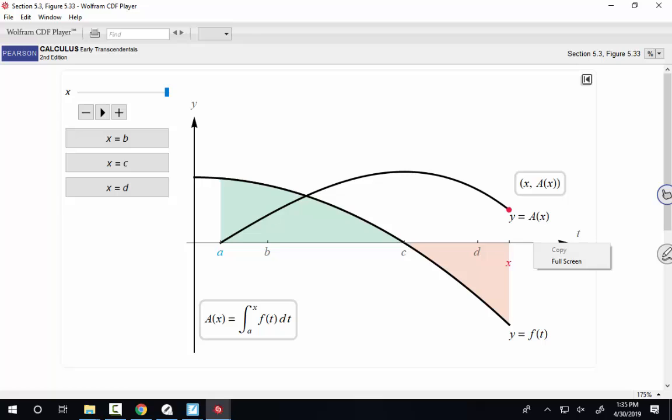Maybe if we looked at t squared from 0 to 2. Maybe you can sort of envision what the area function would look like for this particular one. T values are the same. Output is the actual area.